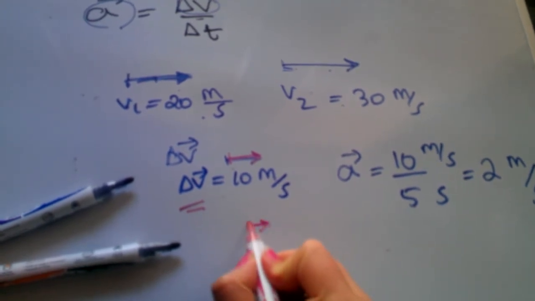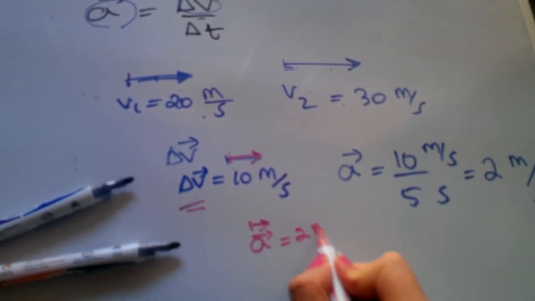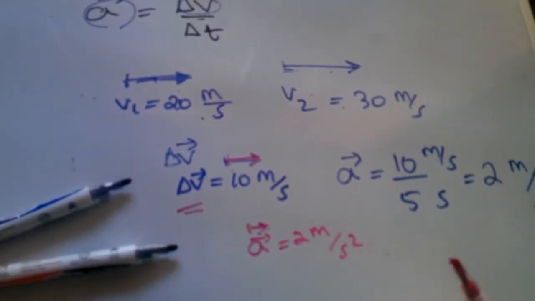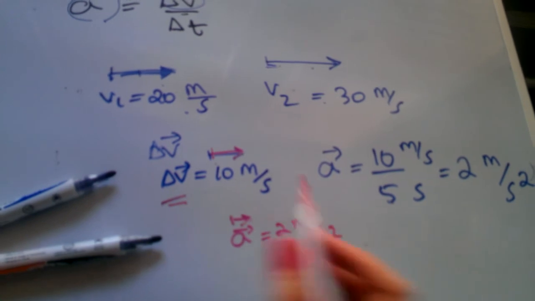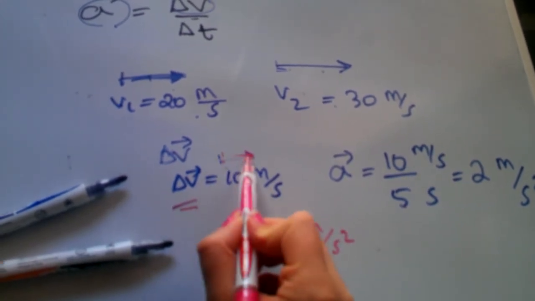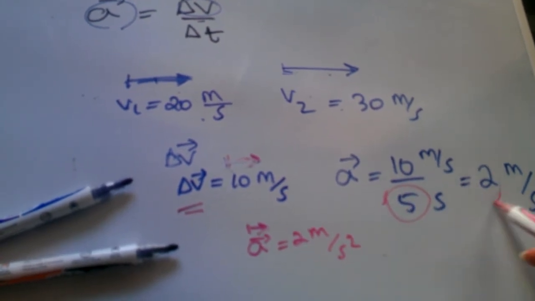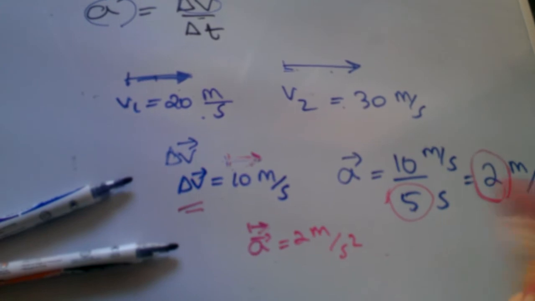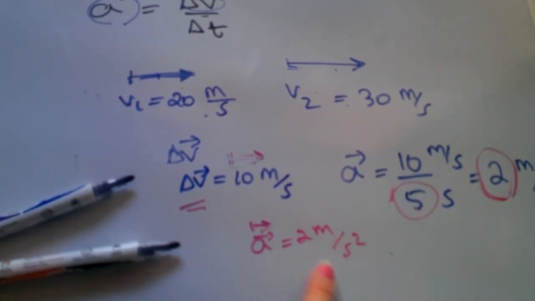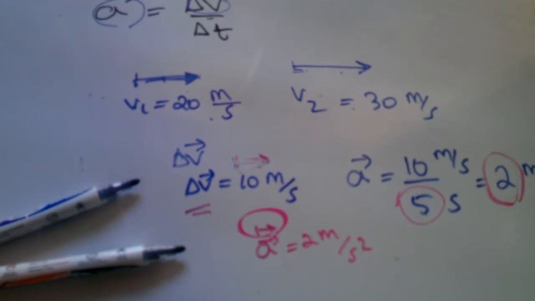So acceleration is a 2 meters per second squared vector, right? So basically this 10 meters per second vector divided by some number, now it actually shrank to 2 rather than 10. And that becomes the vector for your acceleration.